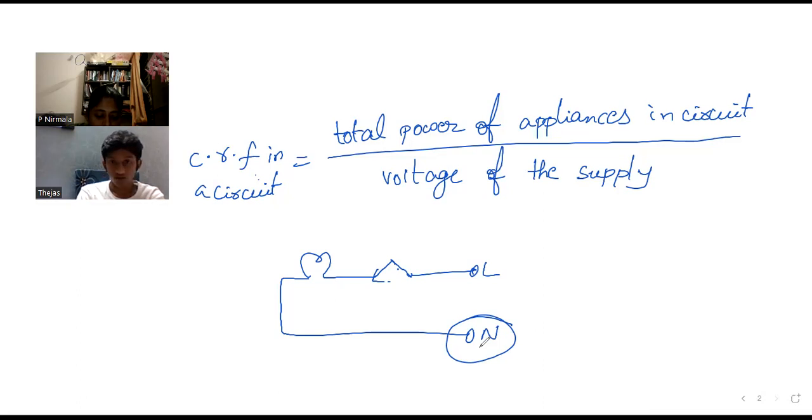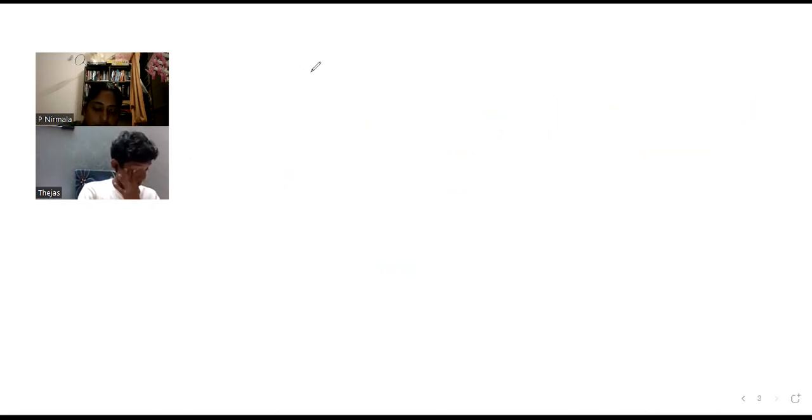That is clearly given in the diagram, figure 9.22 in the textbook.